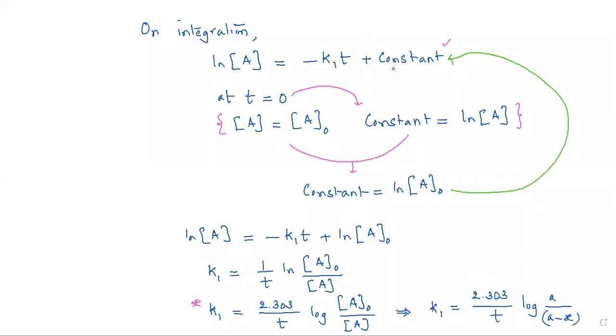Now see, from this also we can derive another expression. Taking anti-logarithm, it can be written as, I mean, after modification, A is equal to A naught into e power minus K1T.